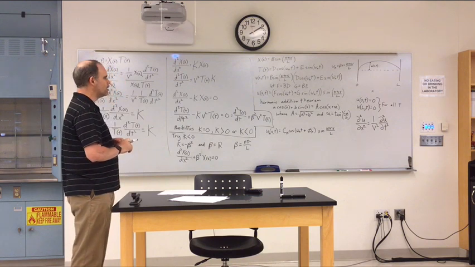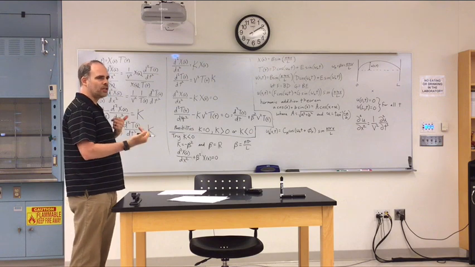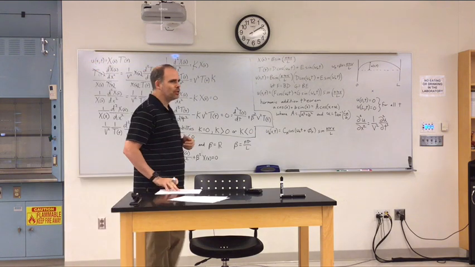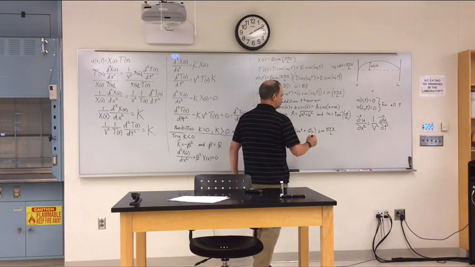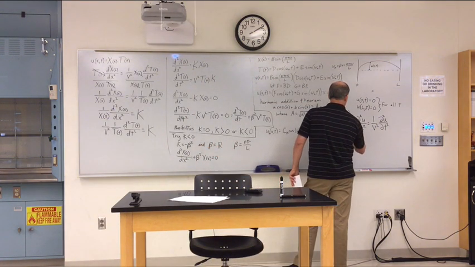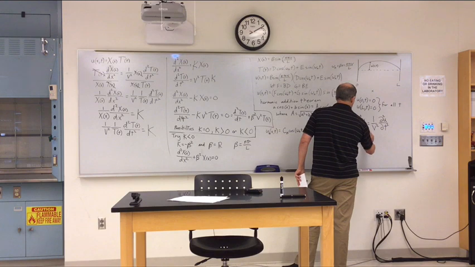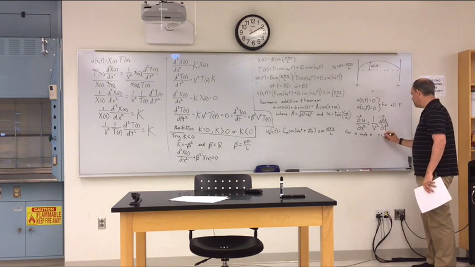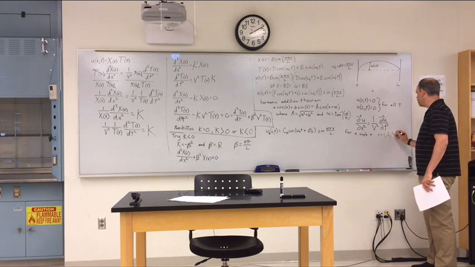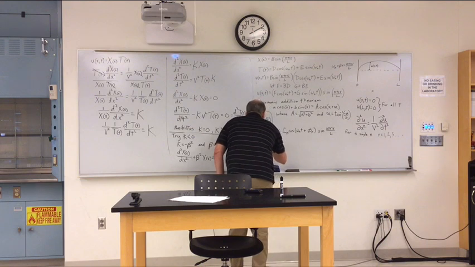If we're looking at something that's more complicated, so a superposition of a bunch of different waves, then we would just add them all together. So this is for a single n, and that's n equaling 1, 2, 3, and so on.